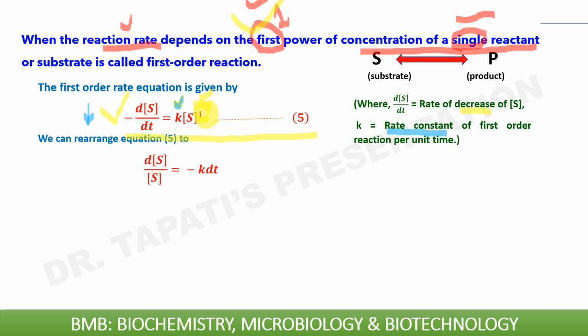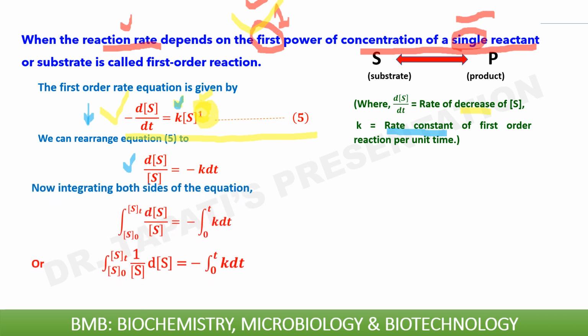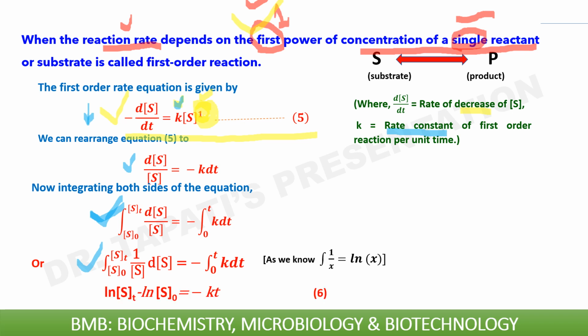We can rearrange equation 5 to dS by S equal to minus k dt. Now, if we integrate both sides, we will get this equation. As we know, if we integrate 1 by x, we will find ln x.